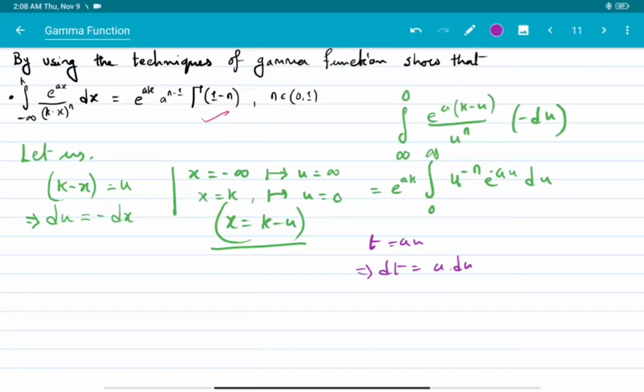So this is e to the power ak times integral 0 to infinity, t over a raised to the power minus n, and e to the power minus t, and this is dt by a.